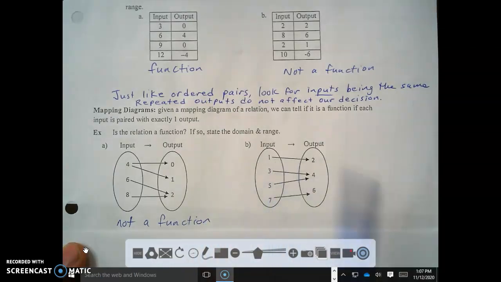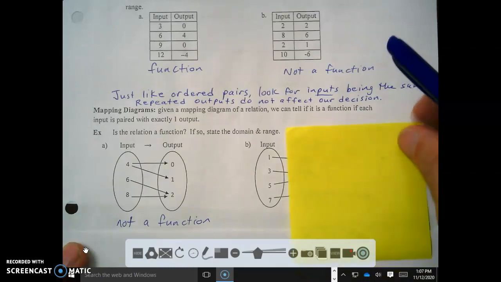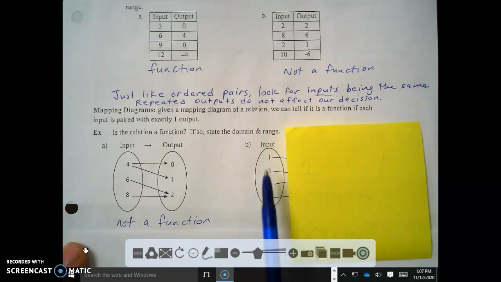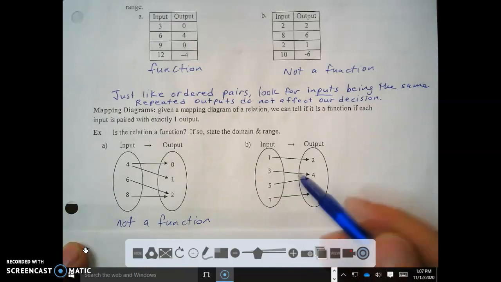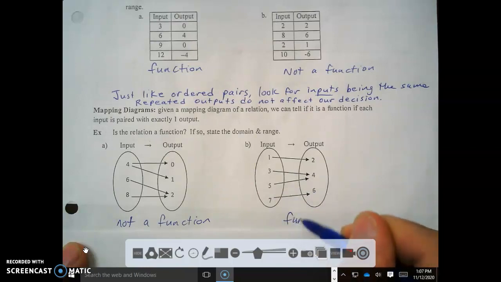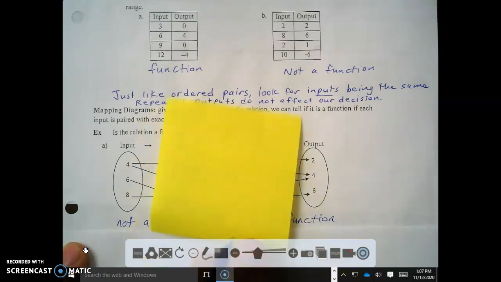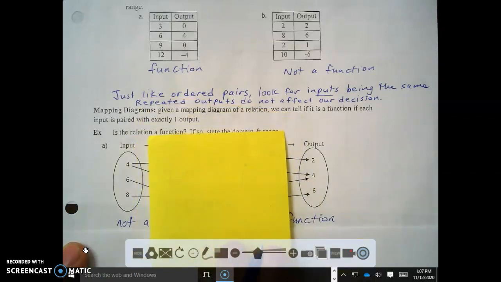Now see over here, here I'll cover up the output. Notice how every input has one arrow coming off of it. That's a function. I don't care what happens after those arrows. Okay, and I'll cover up the other one just to show you what I was trying to get across to you. If I cover up the output, again, we're not worried about it.